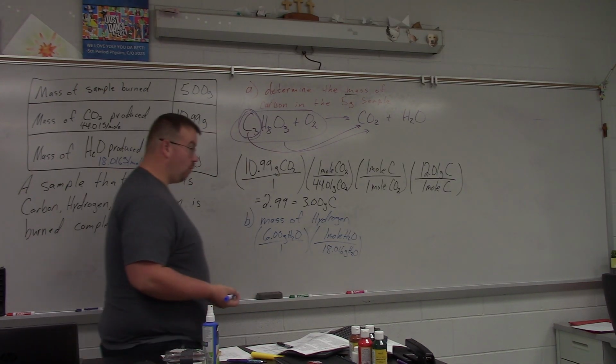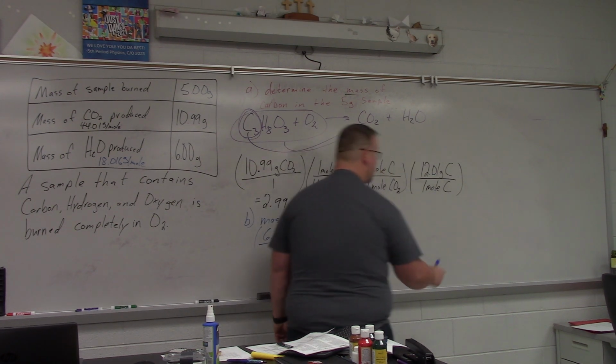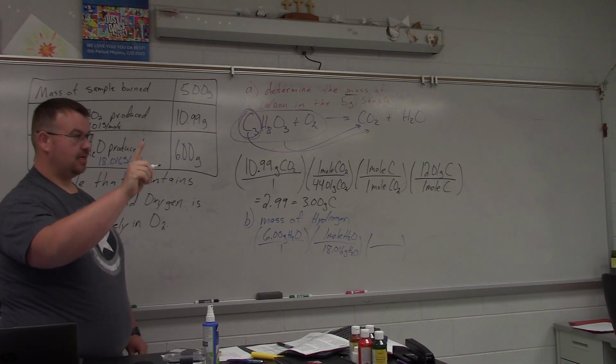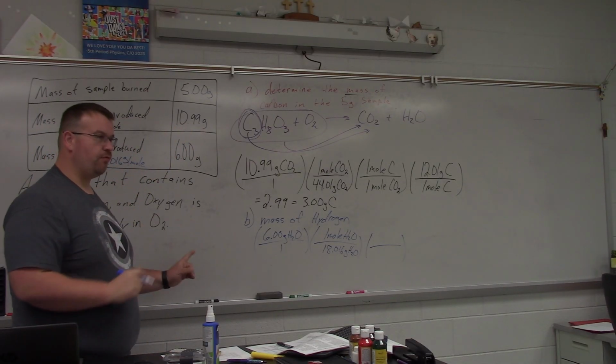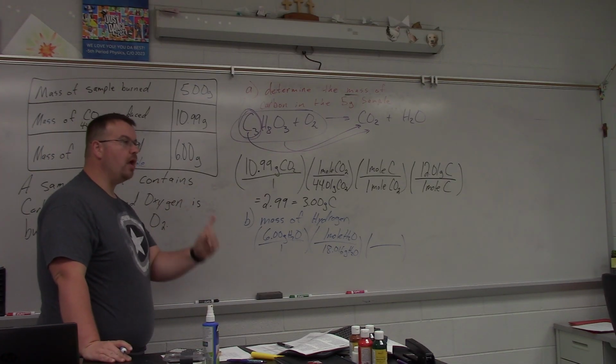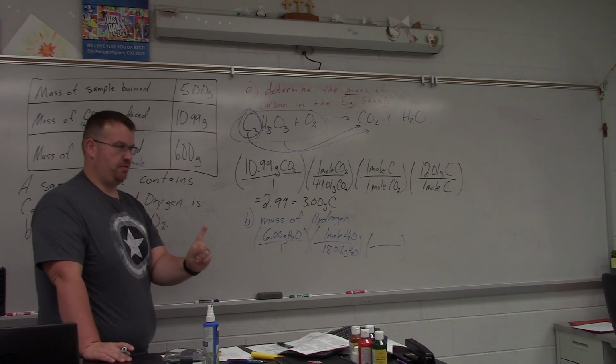Now I'm in moles of water, but what am I really looking for? Hydrogen, so would it be two? So here's the key, okay? Look at the chemical formula, H2O. In 1 molecule of water, how many hydrogen atoms are there? Yeah, 2.